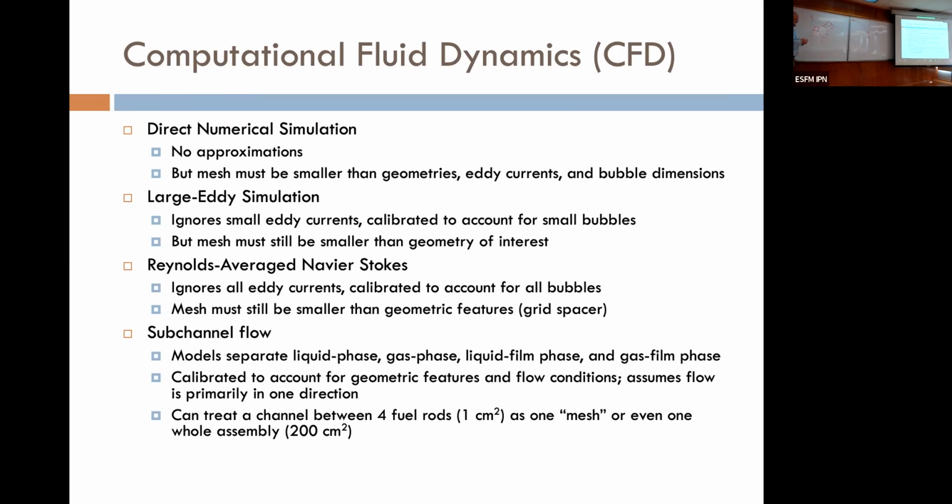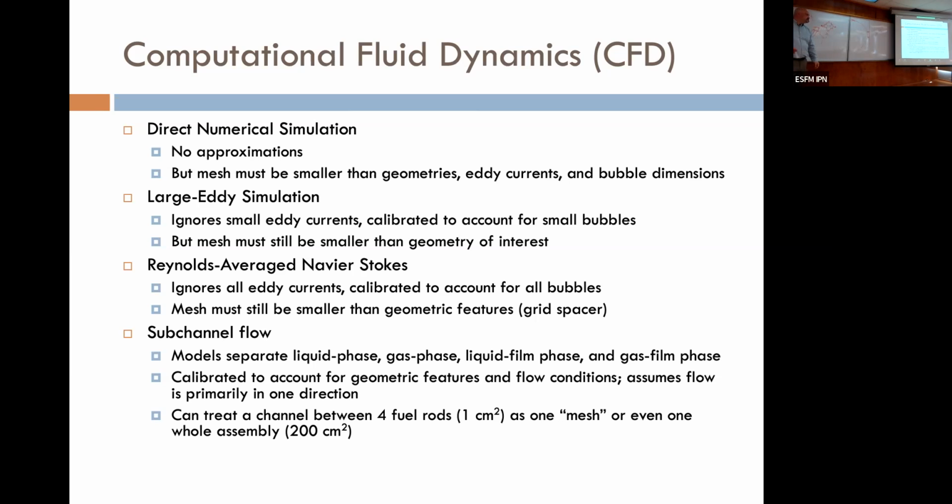And so I create this structure where I say, let me treat the flow as mesh cells like this, and let me have some models that I can calibrate with CFD or with experiments to tell me what fraction of the flow goes sideways, and what is the heat transfer coefficient as a function of all of these different things, and what are my fluid and vapor velocities and things like that.